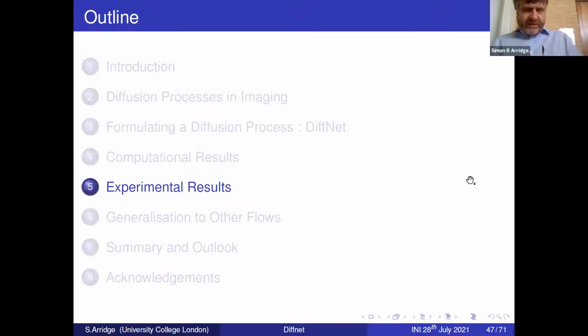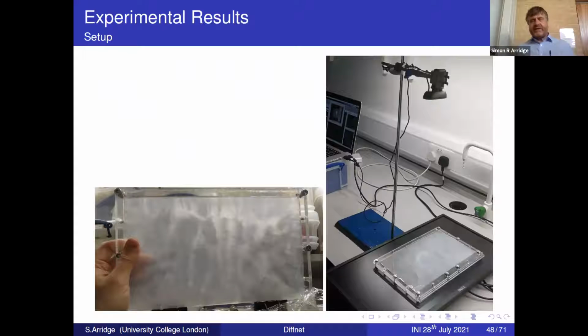Okay, so we also looked at experimental data. These are somewhat preliminary results performed by Giuseppe in conjunction with Charles Bell House at UCL, which is a biomedical research center.